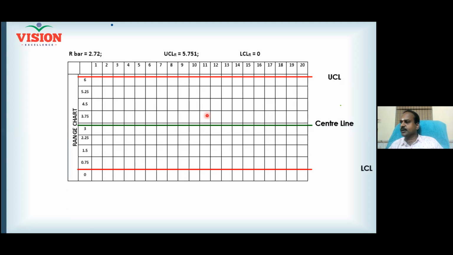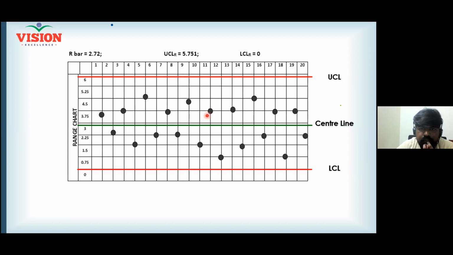Center line, upper control limit, lower control limit. First one, second one, third, 4, 5, 6. All the ranges. All 20 ranges are plotted. Do you get all the 20 ranges within control limit? Yes. So, as per the R chart, your process is under statistical control.